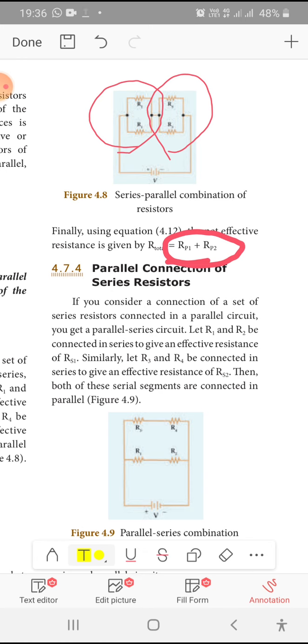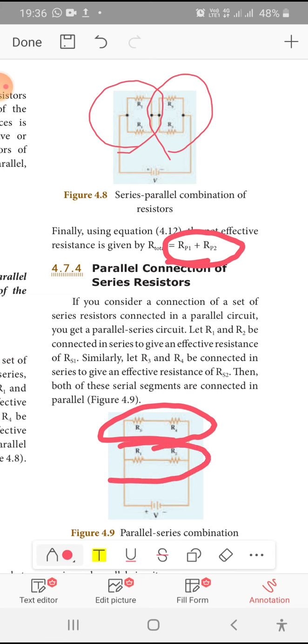Now, parallel connections of series resistance. First add these two in a series connection, just summing those two resistances, and the same way the other two. Then you add R1 plus R2 as a series resistance, and R3 plus R4 as a series resistance.